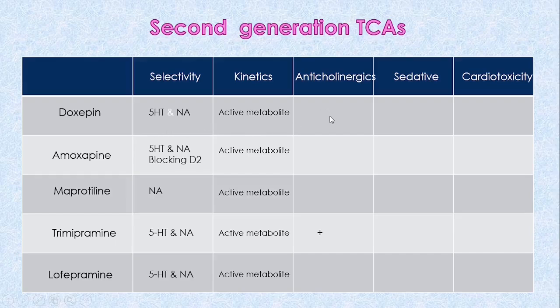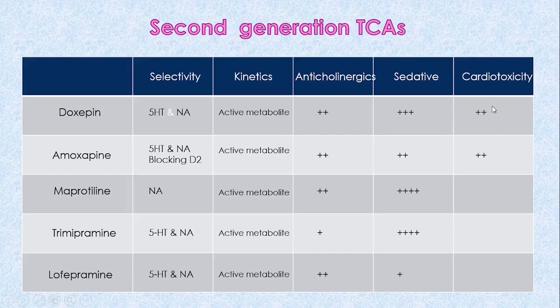These drugs usually have a moderate anticholinergic effect, but they have a strong sedative effect. As you can see, doxepin, mianserin, and trimipramine have a strong sedative effect. That's why doxepin is sometimes applied in the treatment of insomnia.